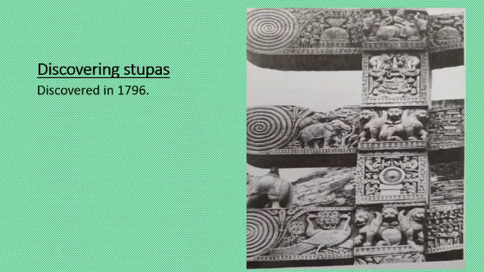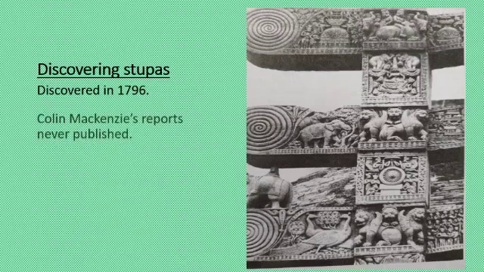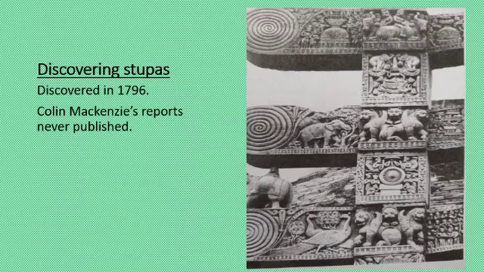In 1796, a local Raja who wanted to build a temple stumbled on the ruins of the stupa at Amravati. He decided to use some of the stone and thought there might be some treasure buried in what seemed to be a hill. Some years after, a British official named Colin Mackenzie visited this site.